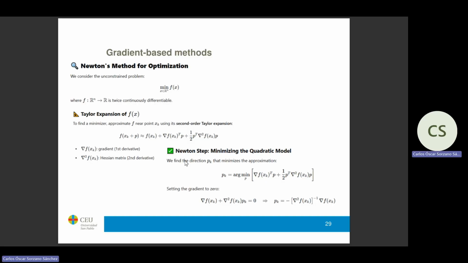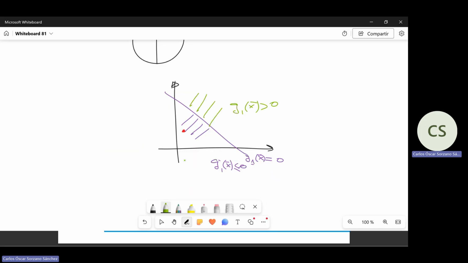And what if we include the second order term of the Taylor expansion? Now we have here the Hessian. This second derivative is called the Hessian. And the Hessian is something like this. Now it is a matrix.